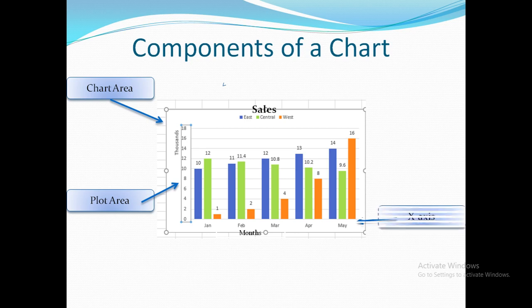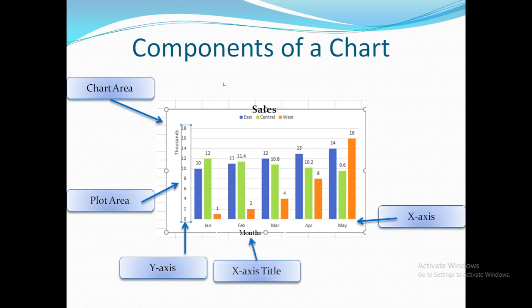What do you mean by x-axis? It is nothing but the horizontal axis of a chart. It is also known as the category axis. What do you mean by y-axis? It is nothing but the vertical axis of a chart. It is also known as the value axis. It is used to plot the various values on a chart.